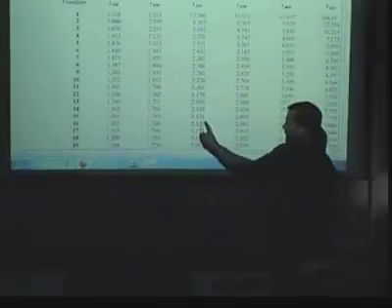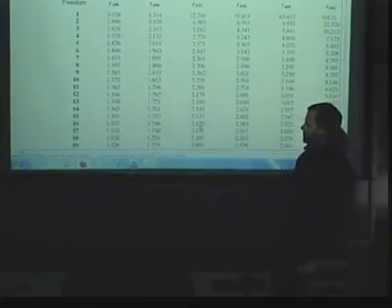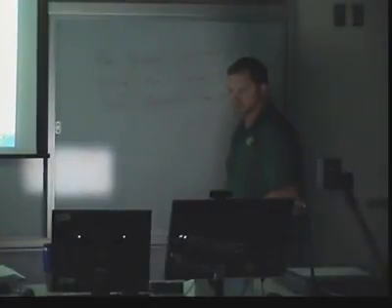And what's my degrees of freedom going to be here? 17 minus 1, so 16, and 0.025, right here, 2.12. What page is that? 775. It's the page after the Z chart.